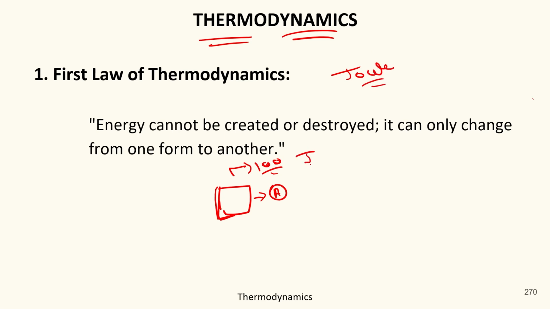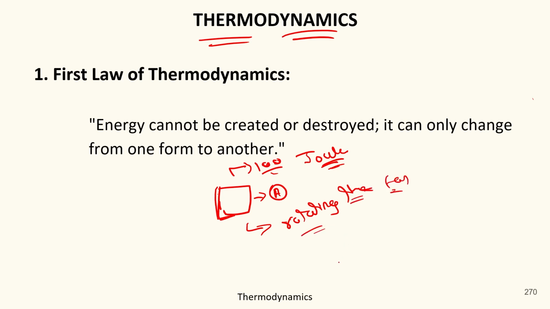So you can say 100 joule of energy. After some time, you put this object to some work, like rotating the fan.